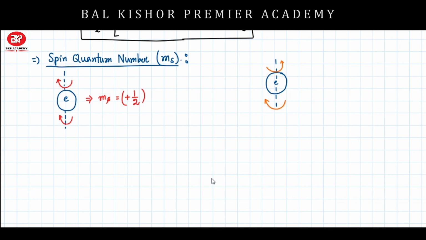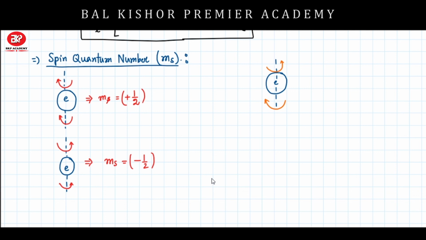And if there is another electron rotating in the anti-clockwise direction like this, then it has the ms value of -1/2. So two possible values of ms are there for electrons.